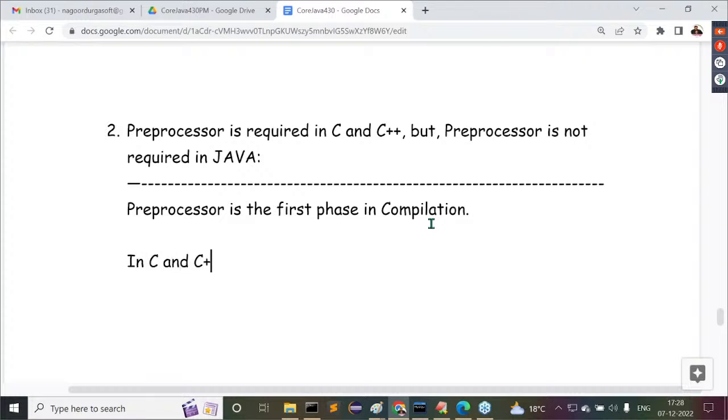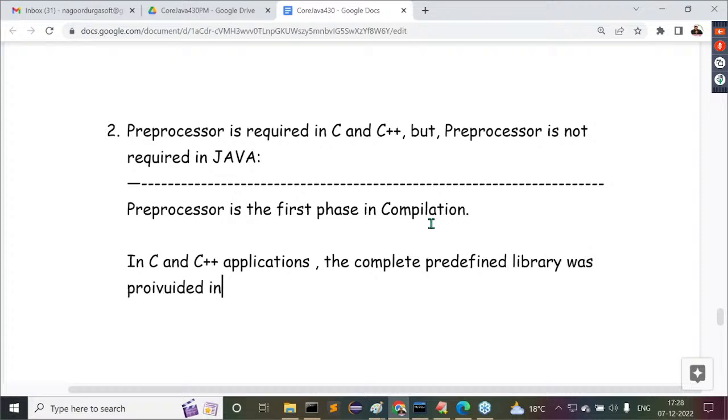In C and C++ applications, listen carefully, the complete predefined library was provided in the form of header files.